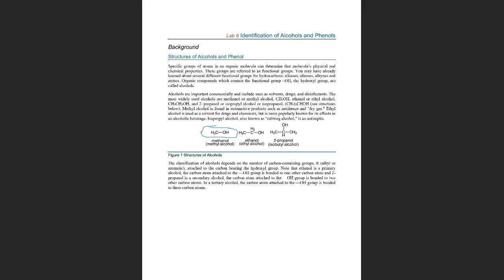Let's draw this in a different way. We have only one carbon. Carbon has valence 4. Bonded to the OH group, the hydroxyl group, and the rest is hydrogen.